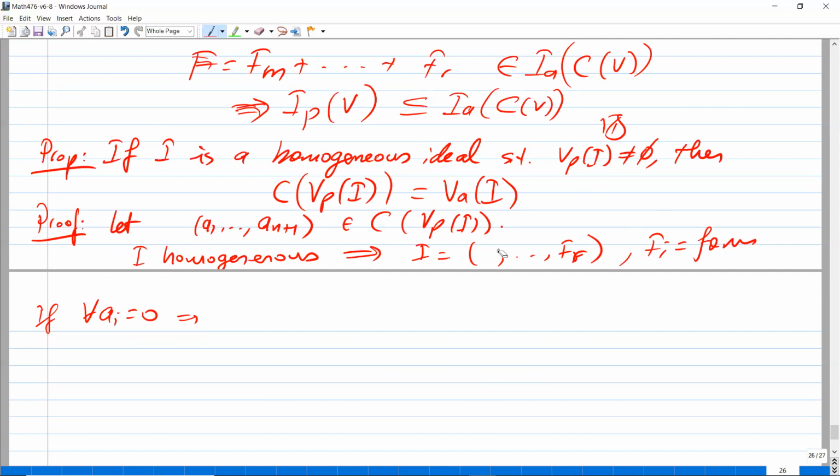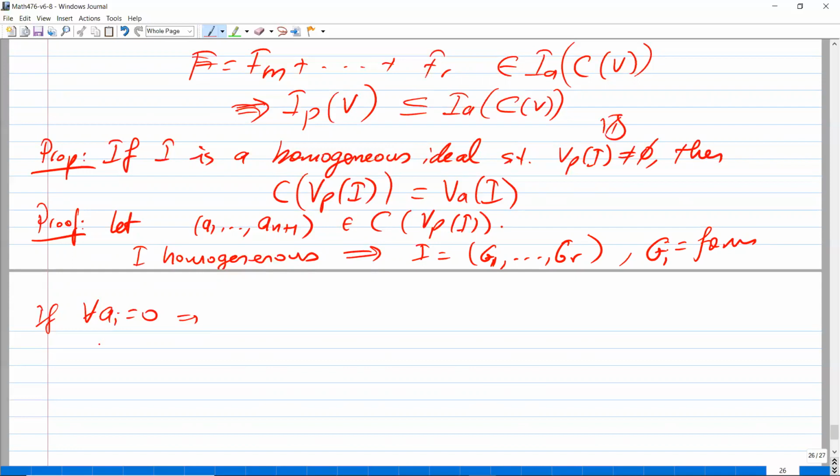Let me write these as Gi, G1 through Gr, the finitely many forms. The Gi's are forms, but not necessarily of degree i.